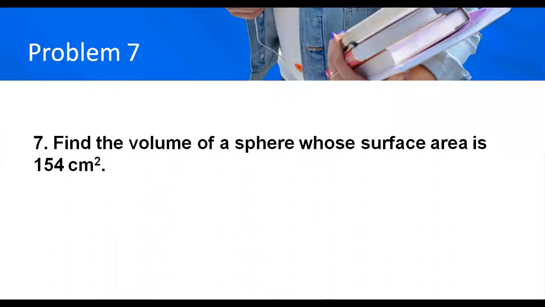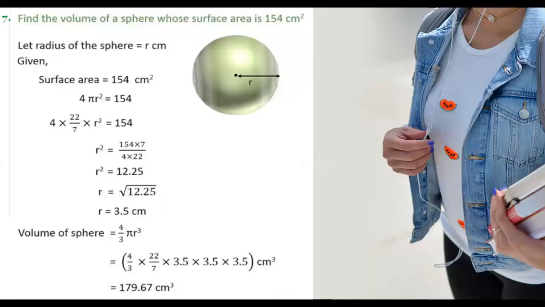Now coming to the seventh problem, find the volume of the sphere whose surface area is 154 centimeter square. So here we are given the surface area of the sphere and need to find the volume. We don't know what the radius is.